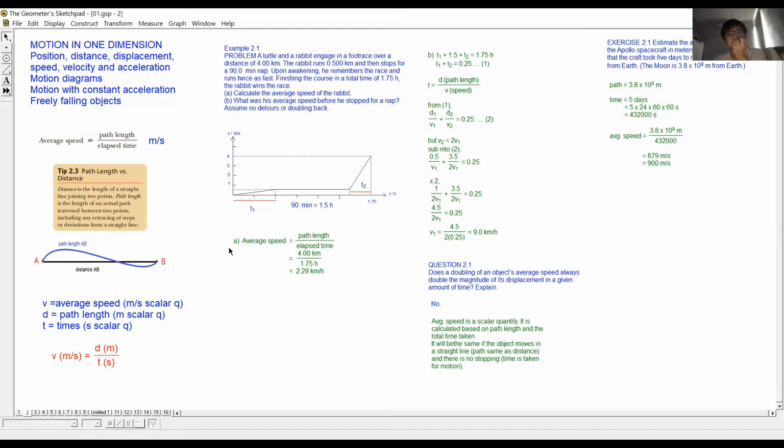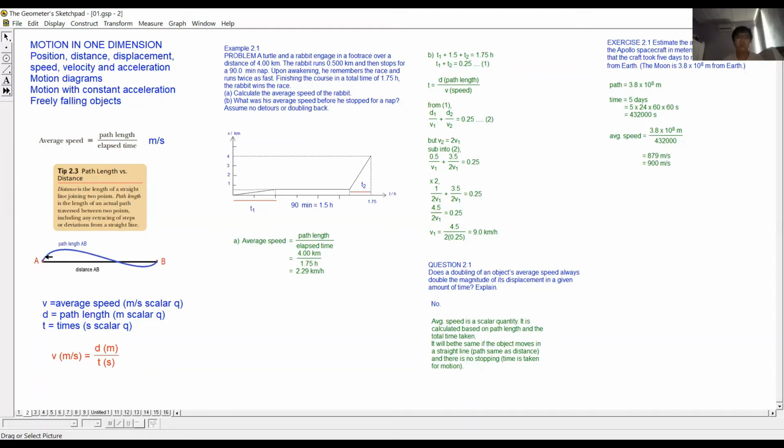Here, this is the point A, this is the point B. When you move from A to B, you may move in a straight line, or you may move in a crooked line from left to right, then reach B. Path length is the actual distance along this blue line.